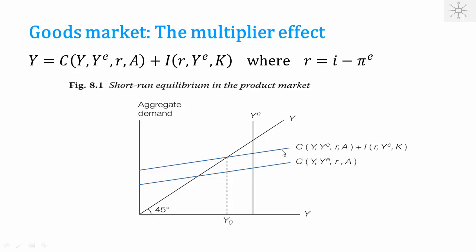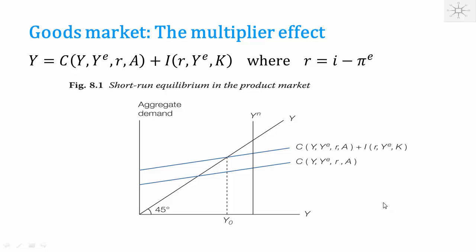So if we add investment to this, then we get a line here which shows the total demand, consumption plus investment. And again, remember, this line is drawn for given expectations about future income, given real interest rates, given assets, given capital stock. And now we can ask, what is the equilibrium in this economy?